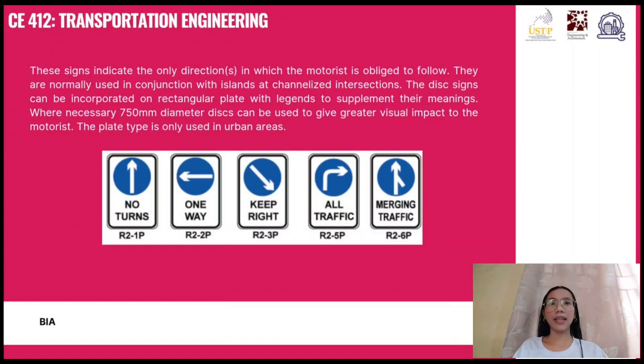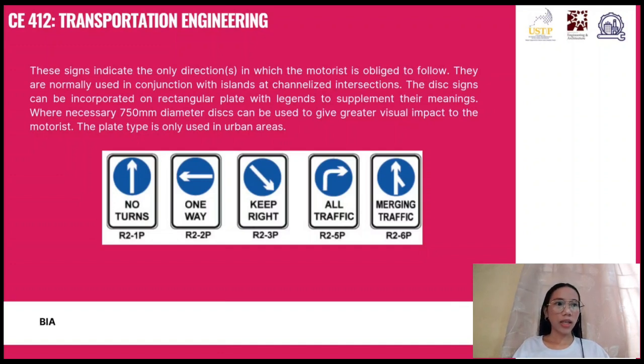In the picture, these signs are blue circles with white arrows. Sometimes they are rectangular plates with added text for clarity so that drivers can see them clearly. In the picture there is R2-21P, no turn, meaning no turning in any direction, you must go straight. This one is one way, traffic flows in one direction only.